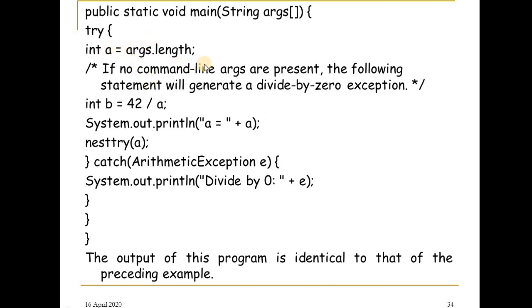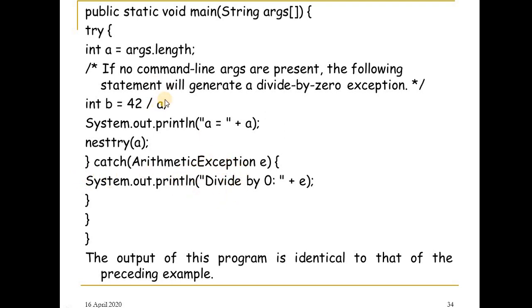If no command line arguments are present, then the value of a will be 0. If a is equal to 0, this statement will generate a divide by 0 exception, which is a type of arithmetic exception. If an exception occurs, the remaining part of the try block will be bypassed and the exception will be handled by this catch block.